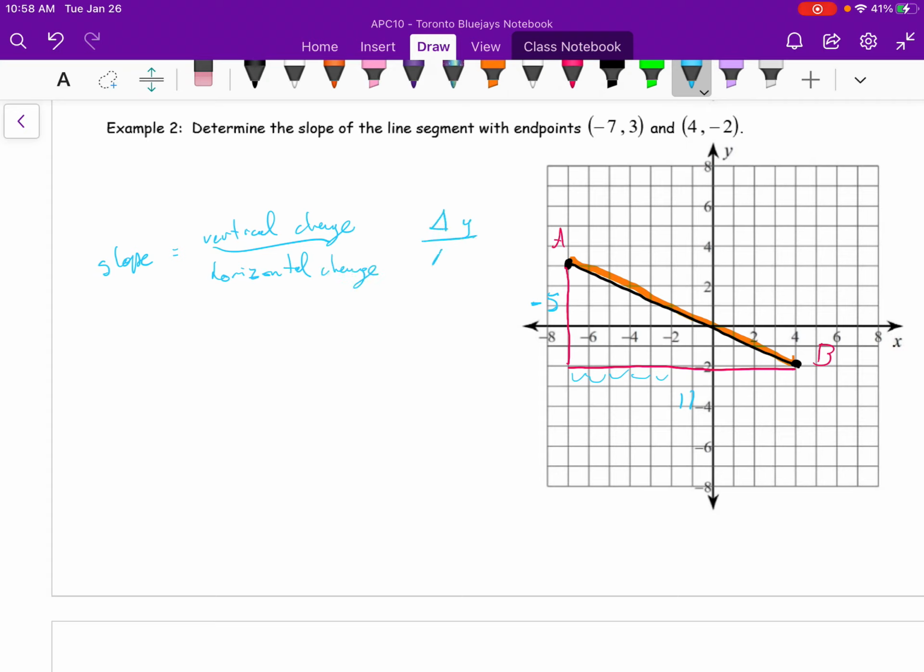I could think of it as my change of Y over my change of X. And what I notice is that this slope has to be negative. But thankfully, my change of Y, or that vertical change, is -5 over the horizontal change, which is 11. So my slope here is -5 over 11.